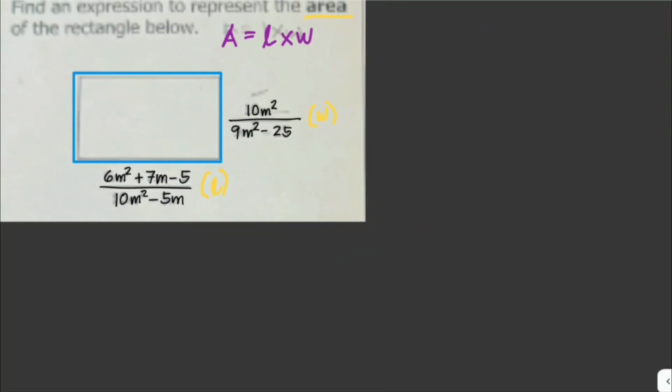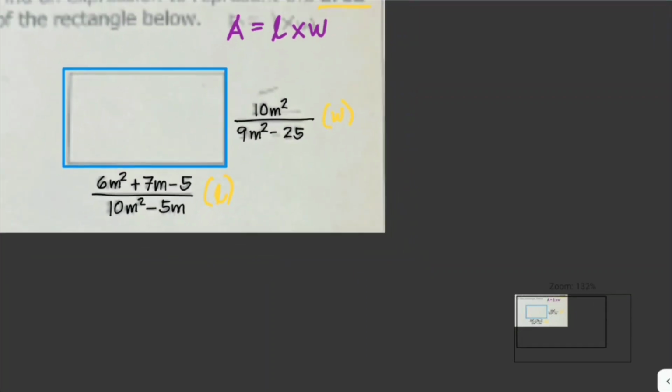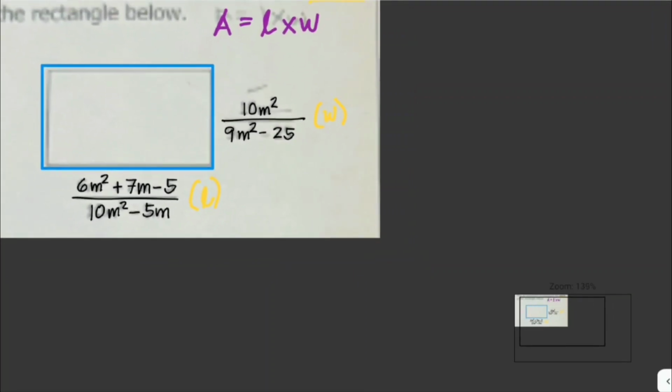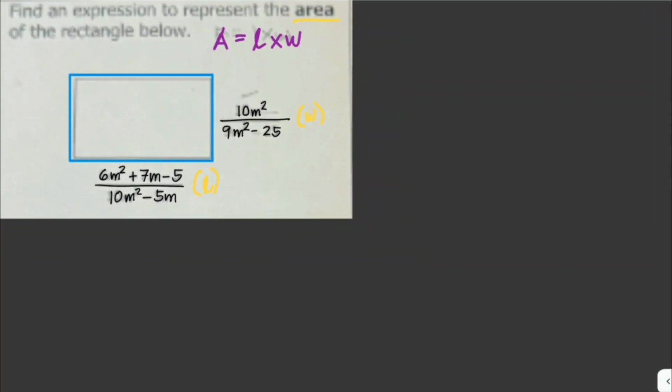Since we're already given the expressions for the width and length, we just have to plug this into the formula.